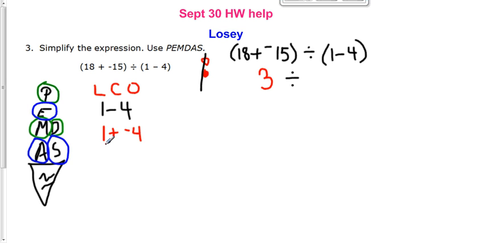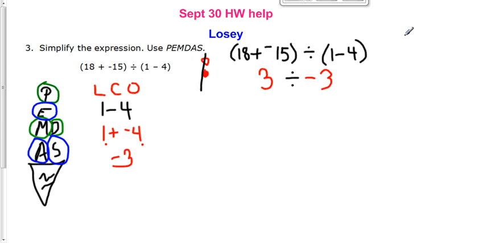So again, I'm putting a positive with a negative, and once you put a positive with a negative, they're going to cancel each other out. We're really left with negative 3. So here I have 3 divided by negative 3.